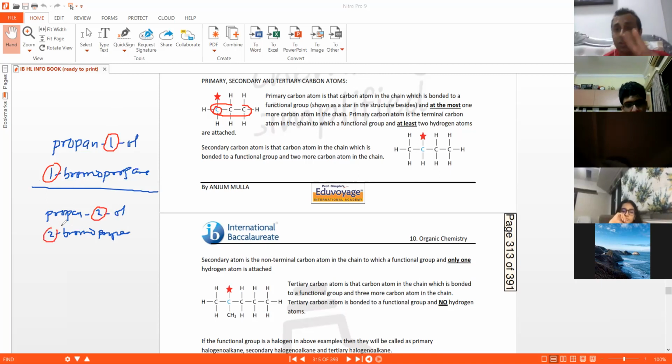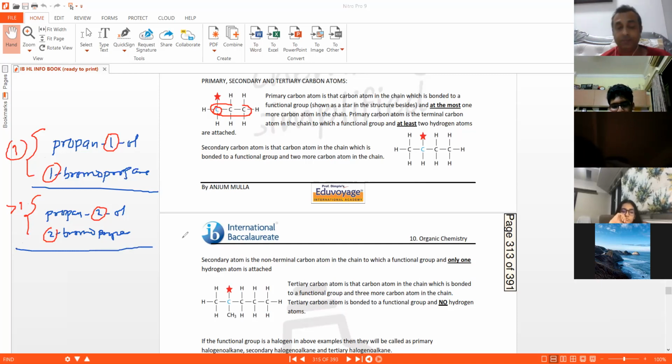Remember, secondary not because it's 2, but because it's 2 or above. In butane there can't be 3, but pentane 3-ol is also non-1. Okay, so for primary the position has to be 1. For secondary the position has to be more than 1, anything like 2, 3, 4, 5 is possible. Okay, now how do you identify tertiary from the name?